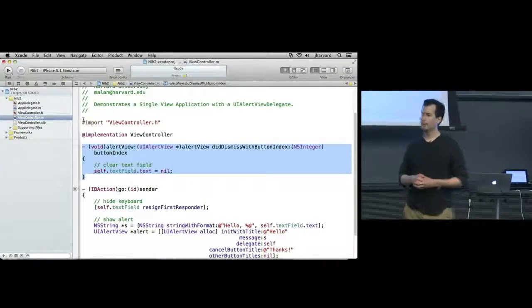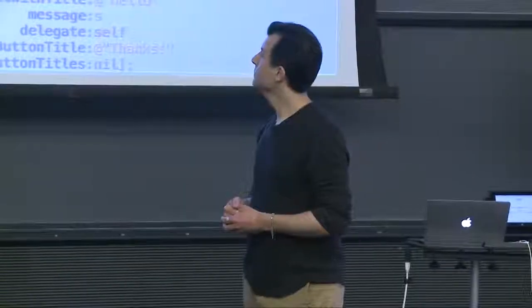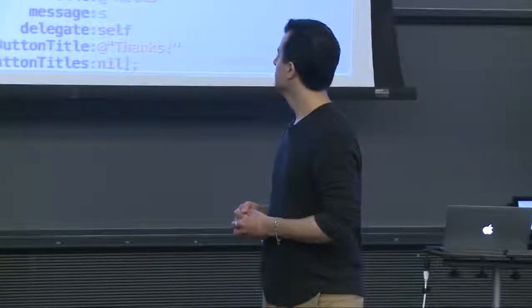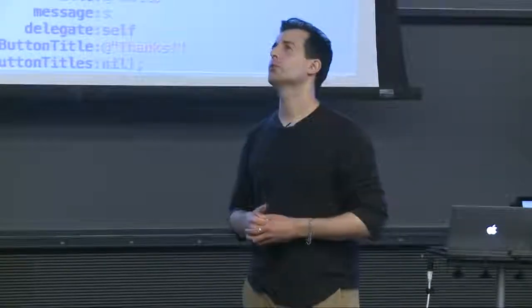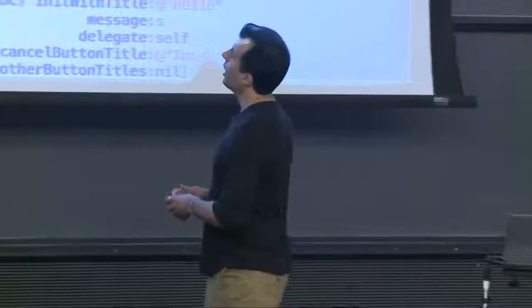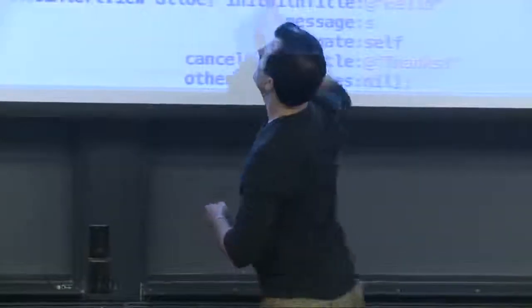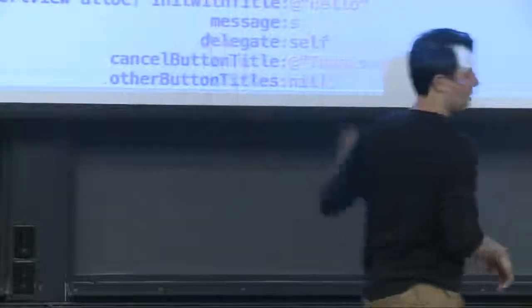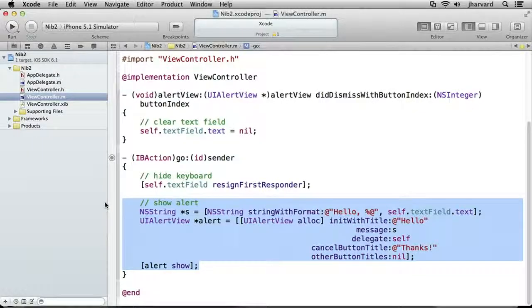Yeah? I wonder who's holding the pointer to the alert when the method's done. So in this line here, this is where automatic reference counting comes into play. So we have here an allocation of the UI alert view object. We have a pointer here.